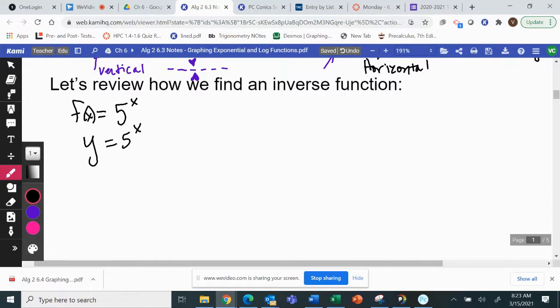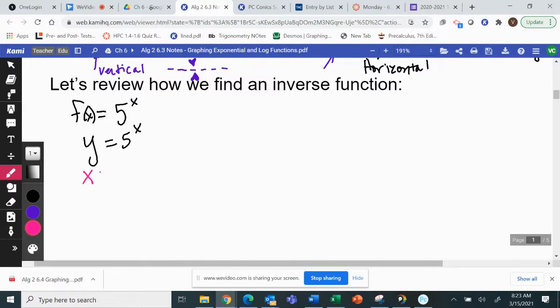Ella, do you remember what we do next for finding the inverse? Hey, ladies and gentlemen, we did this last week. It was on your test. Actually, we did it in chapter 5 also. Ryan, do you remember? You switch the x and the y. That's how we find the inverse.